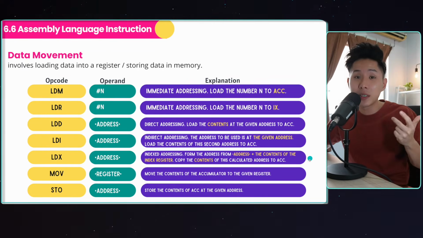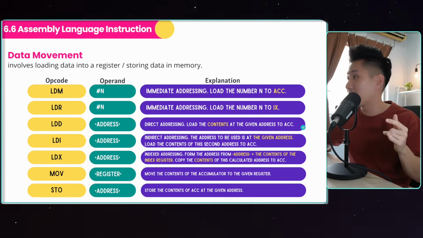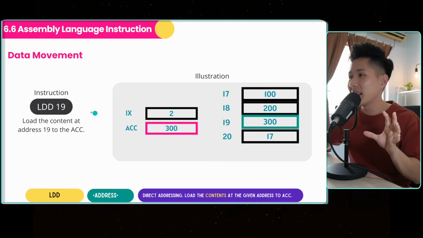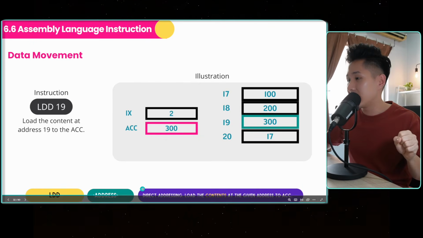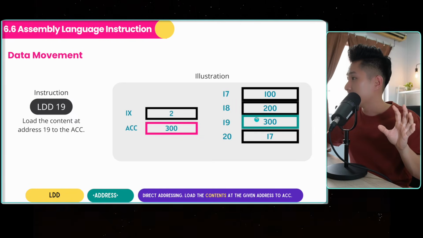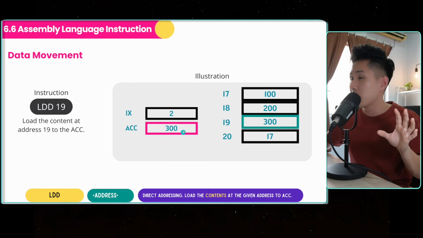So there are multiple instructions here. I'm going to show you one by one in an image what each instruction does. So LDD 19, if we read the instruction, is direct addressing, load the contents at the given address to ACC. So 19 here is the given address, and 300 is inside address 19. In other words, I'm saying that I want to load 300 at address 19 into my accumulator.